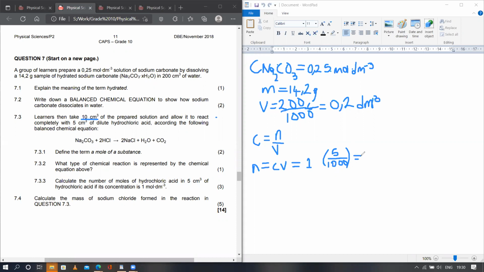So we're gonna get our number of moles. 5 over 1000 is 5 times 10 to the exponent negative 3, or 1 over 200. Using my calculator, it says 5 times 10 to the exponent negative 3 mole.